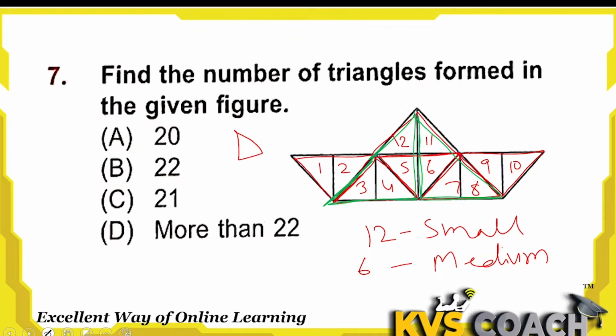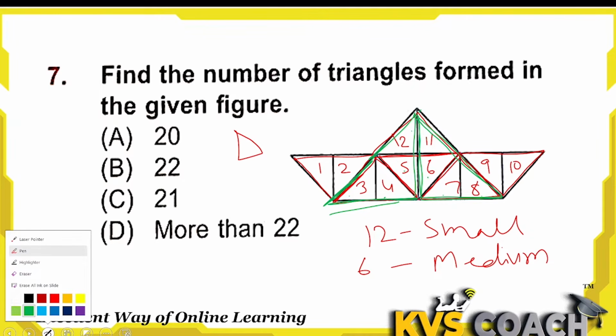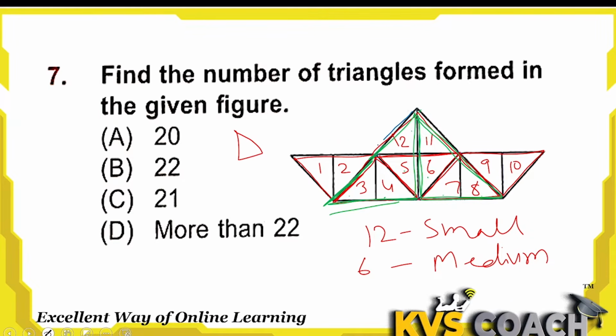You can see that this part, 3, 4, 5, 12, is one triangle. 6, 11, 7, 8 is the second triangle, and one more triangle, this big one, with blue ink I am taking here. This one is the big triangle. There are 2 green triangles and 1 blue triangle.